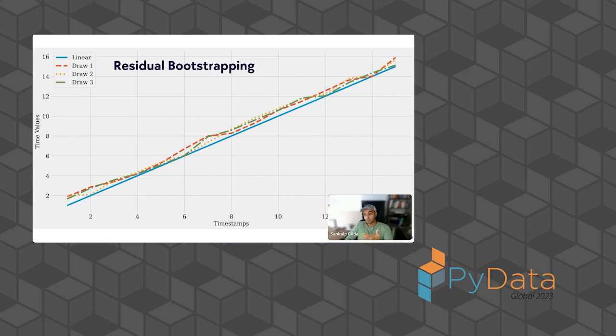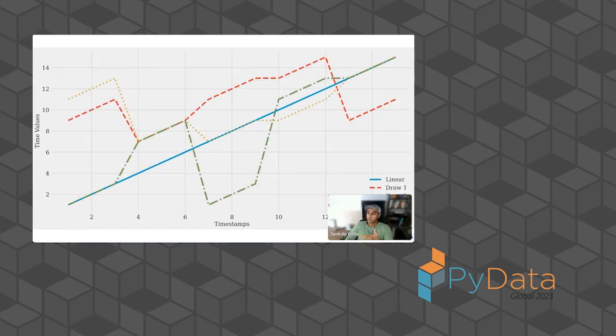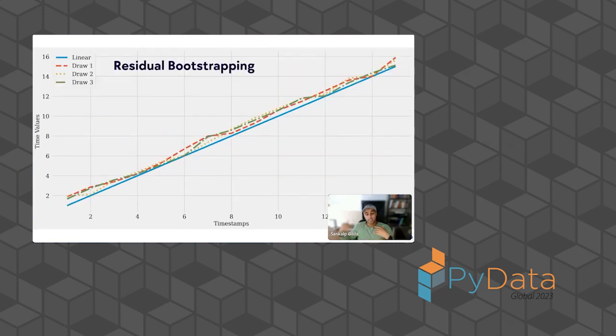The difference between the resampled data here and here is, I'm sure you can see visually, quite striking. You maintain the trend. This method allows you to handle changing distributions and drifts. Since residual bootstrapping is based on a fitted model, it can better handle situations where the data distribution changes over time.